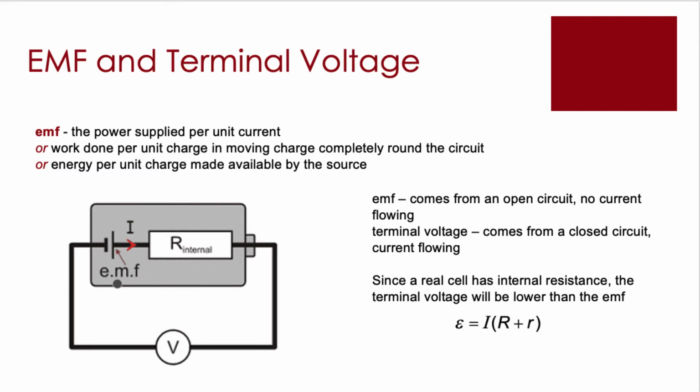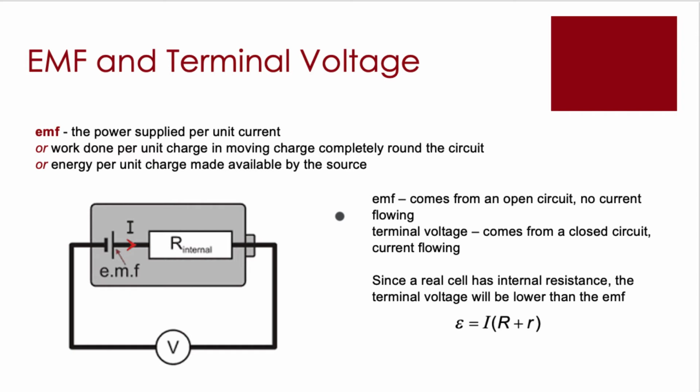So we've got the EMF here, and remember we've got an internal resistance because these are real cells we're talking about, which means if this makes, for example, 9 volts, some of it is going to be used, that 9 volts, joules per charge, some of that's going to be used to move the charge carriers through the cell itself. That means out here in my circuit, I will not have the full 9 volts, but something slightly less.